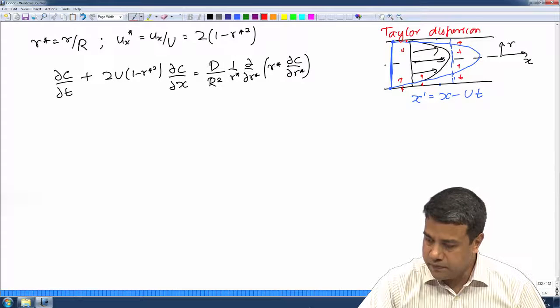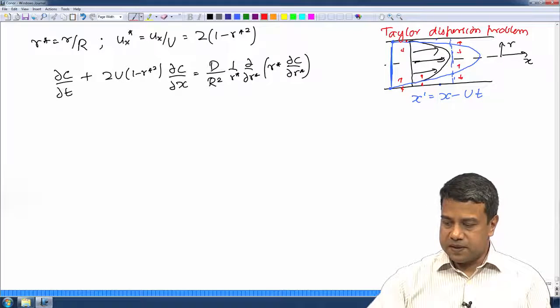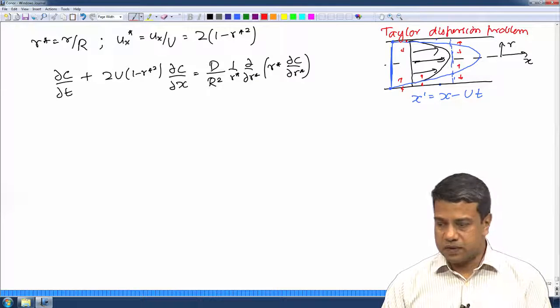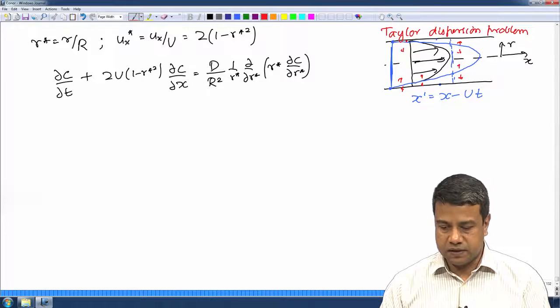So, I will express everything in a coordinate system that is moving with the mean velocity of the fluid.